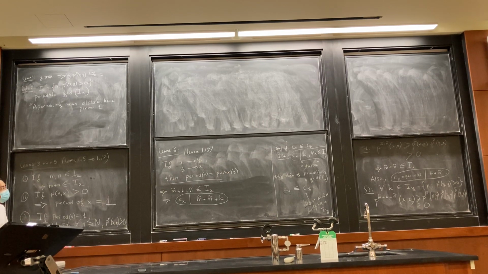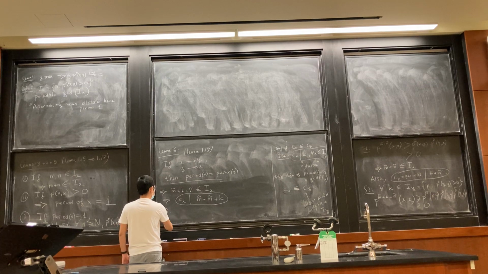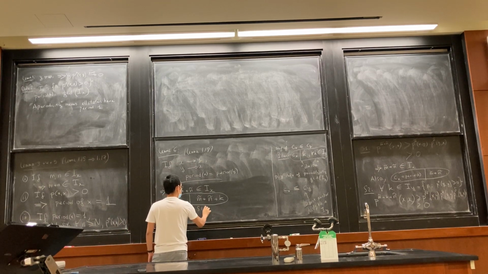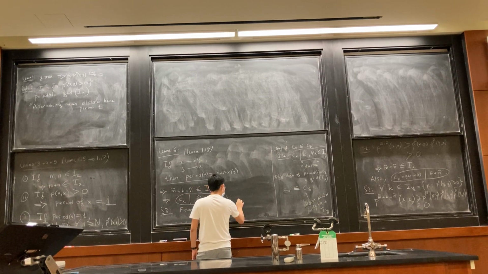So, what is the conclusion now? Cx divides k. So step three, well, I guess that's step one plus step two. Cx must divide little k.